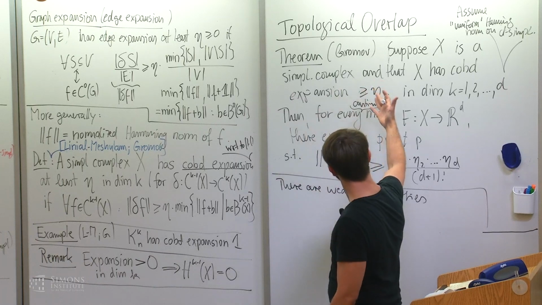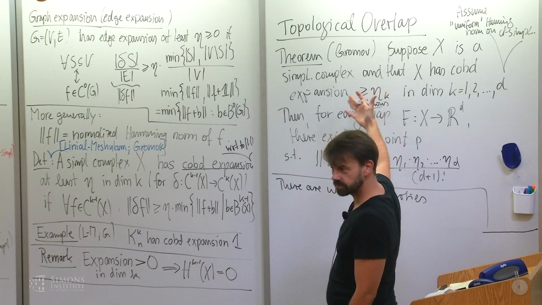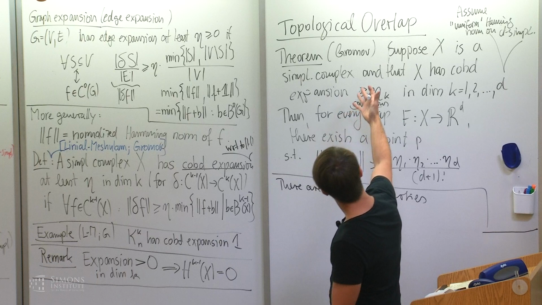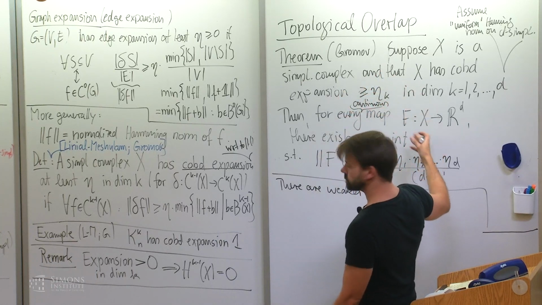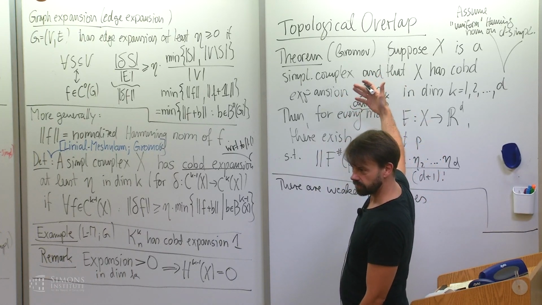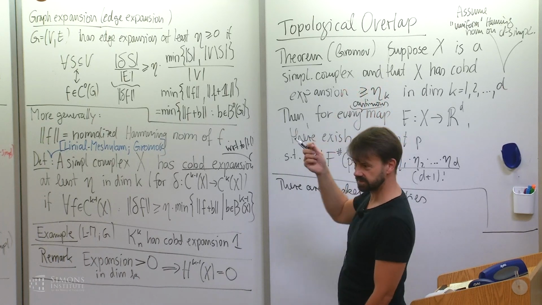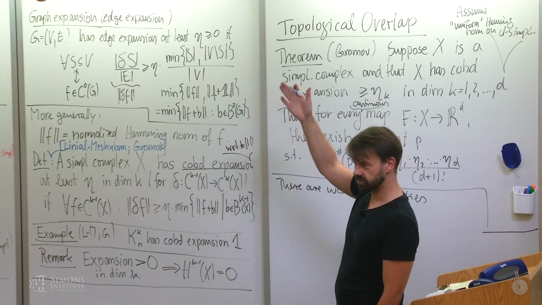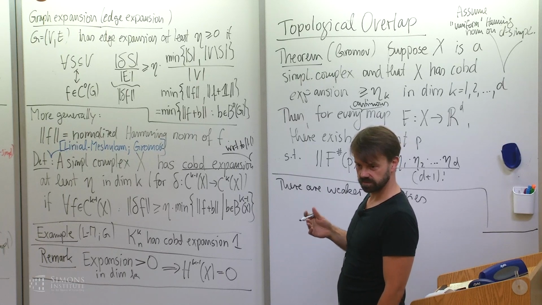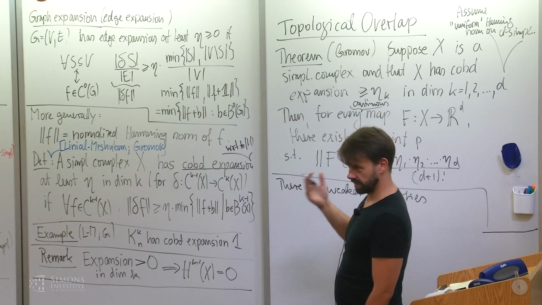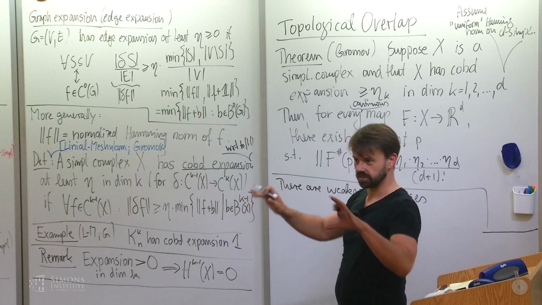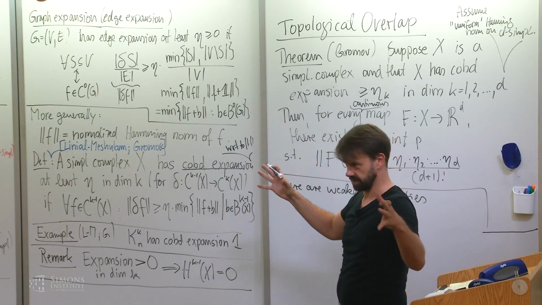So, as Nati says, to get this, you don't really need expansion. The simplest case of this is D equals 1, which says if you map a graph or any complex onto the line, there exists a point whose pre-image intersects a positive fraction of all edges. And that, of course, stays true if you have two large cliques or something like that.